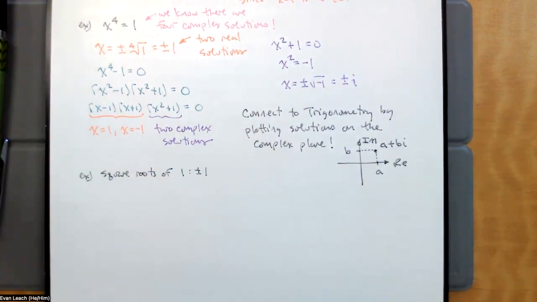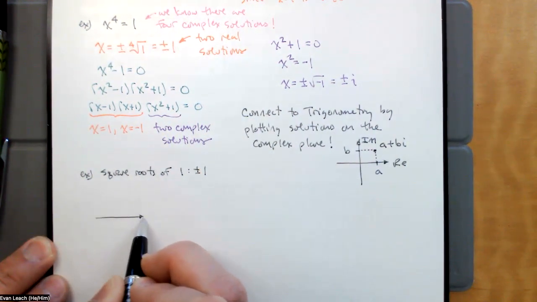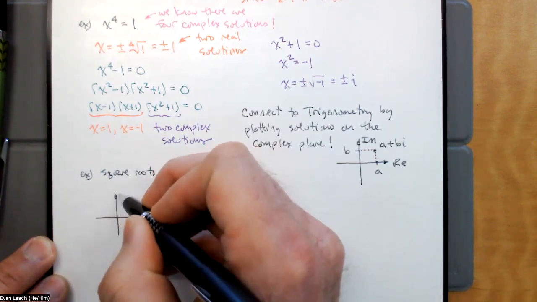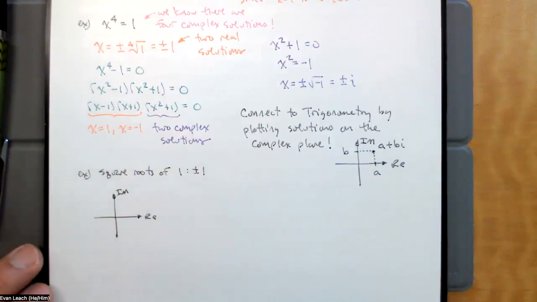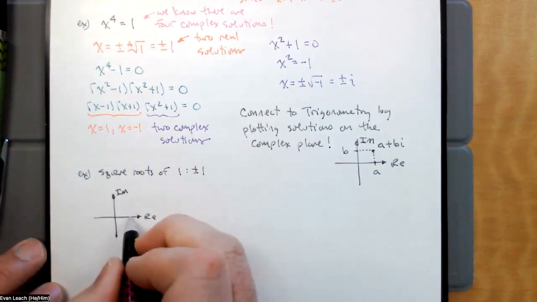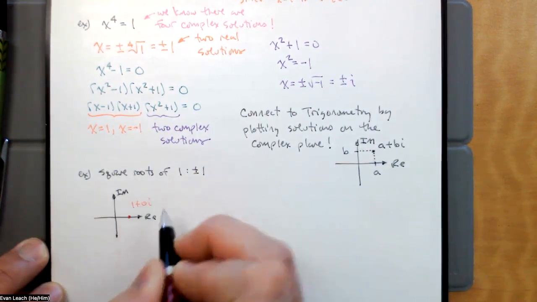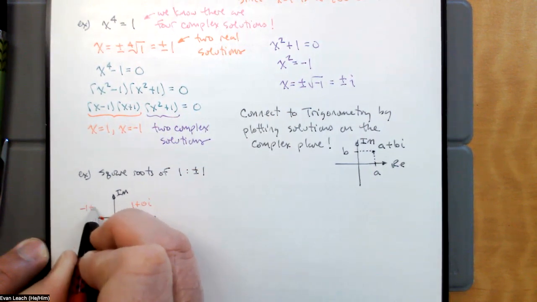The square roots of 1 were both 1 and negative 1. So on our complex plane, they both show up on the real axis. Here's plus 1, 1 plus 0i, and then negative 1 plus 0i.